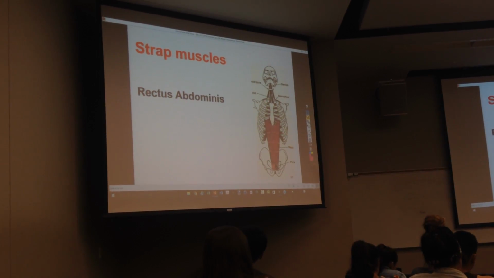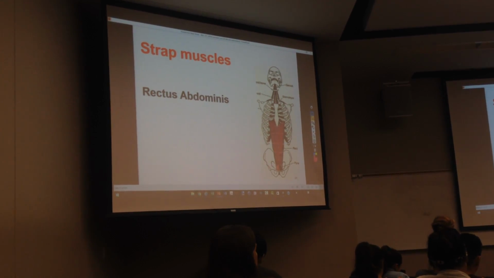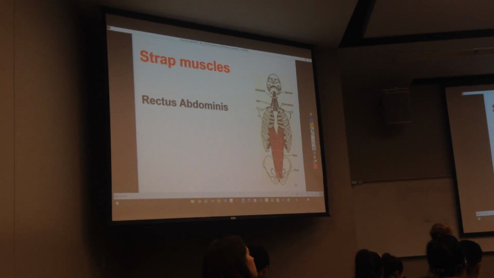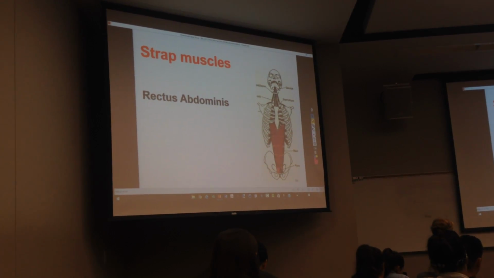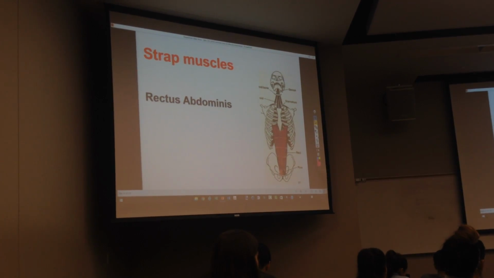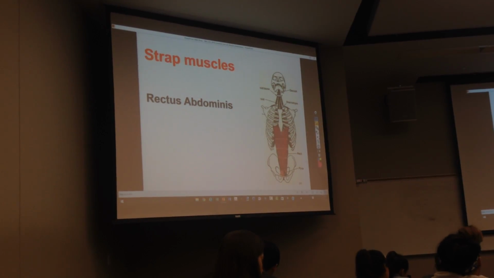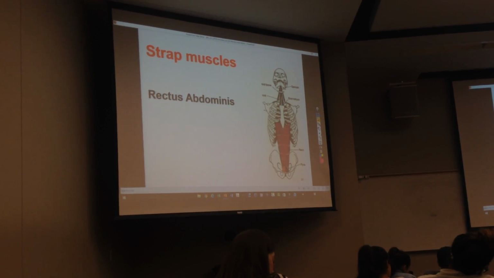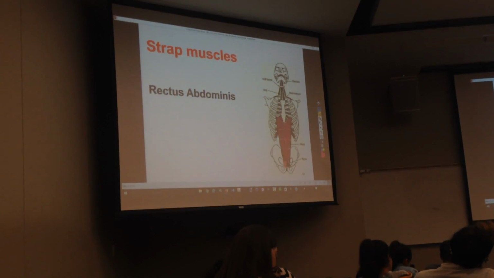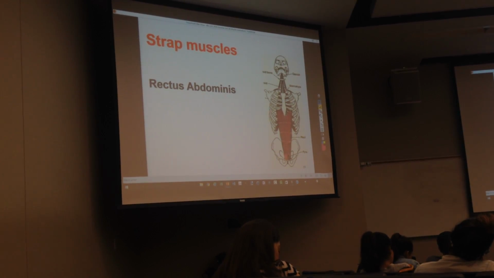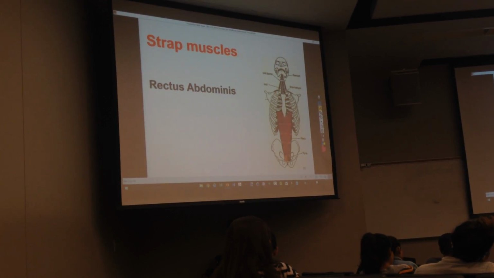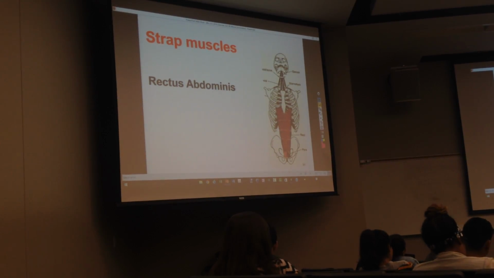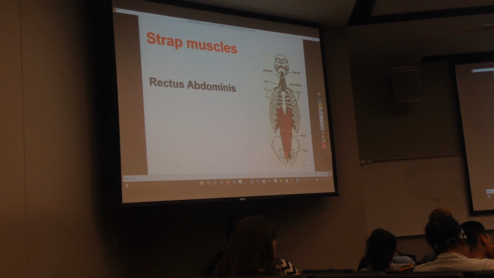Now, strap muscles. They're called strap muscles because that's what they look like. They form these long straps going up and down. Okay? For the strap muscles, there is a whole series of them on the most ventral aspect of your body wall, which is on the midline. So they're essentially paired muscles, one on the right, one on the left, bracketing your midline, going straight up and down along the midline.